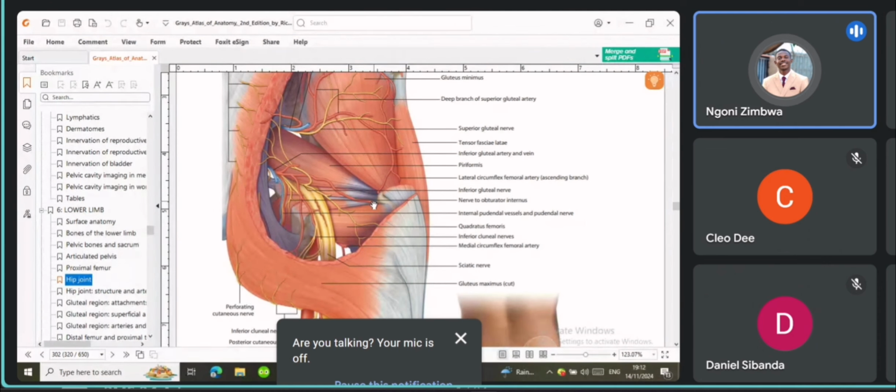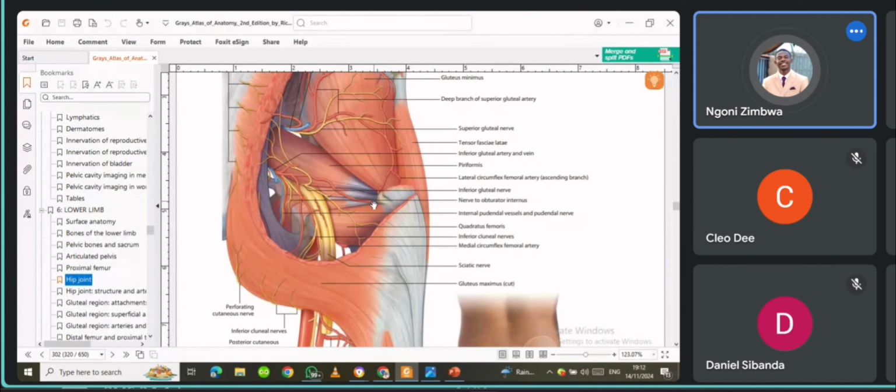So when you receive direct force from the sole of the foot, it's going to kick the head of the femur out of the acetabulum posteriorly. You getting it right? So we are going to damage the sciatic nerve.